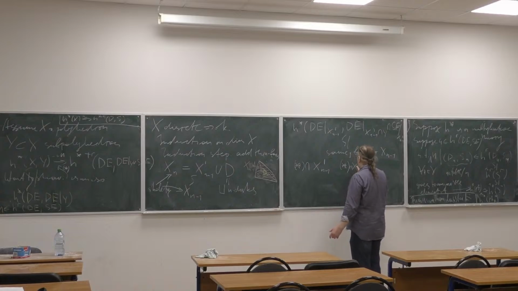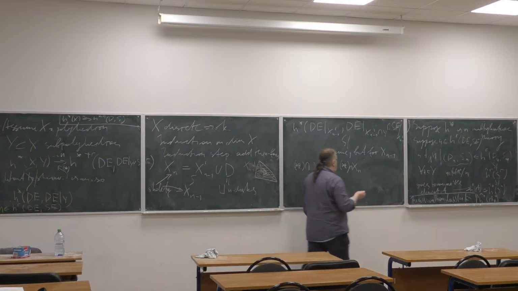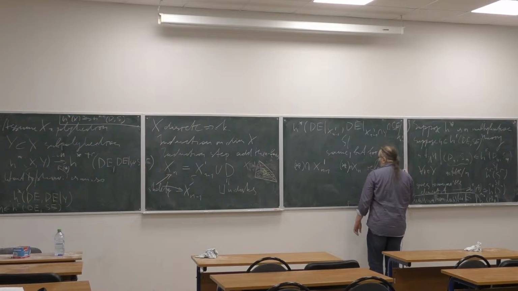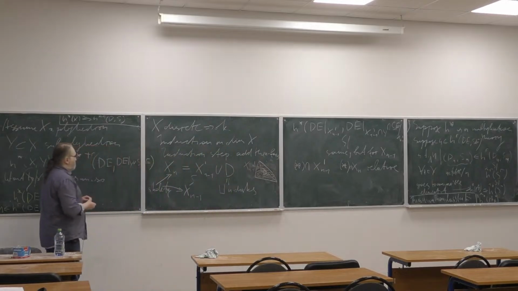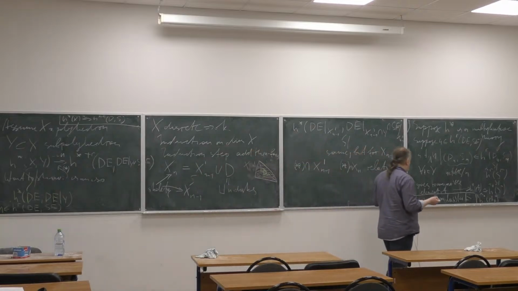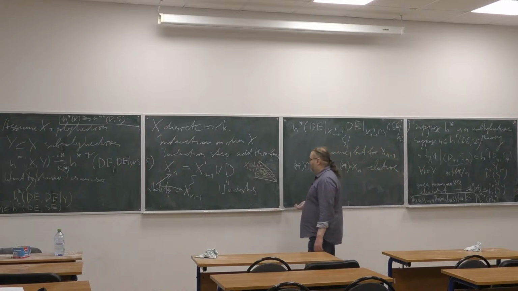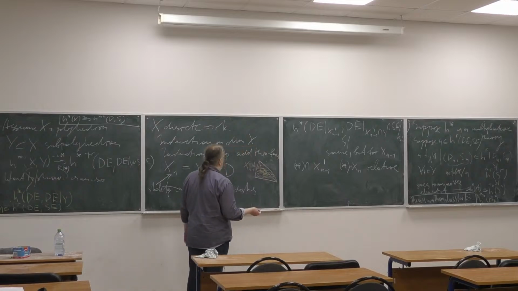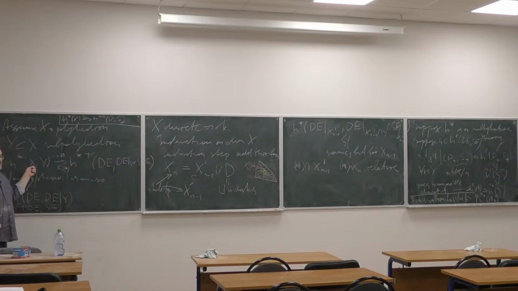Well, then we can do the same for x_n, and now we need to do the relative version, meaning we replace everywhere the... Well, what does it mean to do the relative version of this?